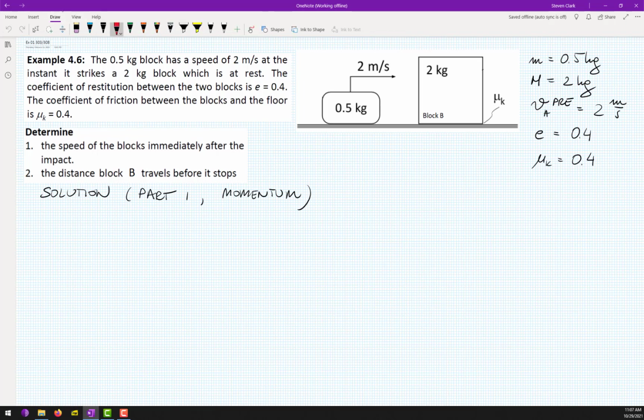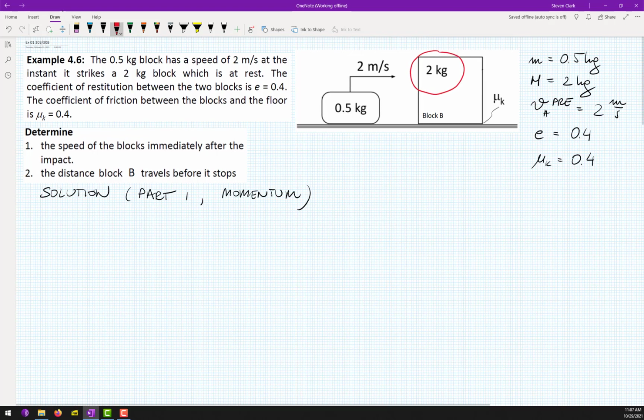We have the big particle that is at rest, and we have the little guy approaching the other particle. We know the coefficient of restitution between them, and we know the coefficient of friction between the second particle and the ground. The coefficient of restitution will be used only in part B.